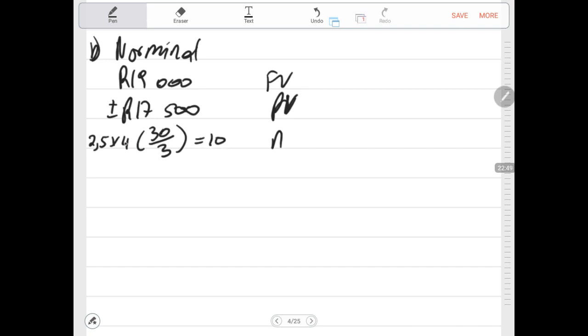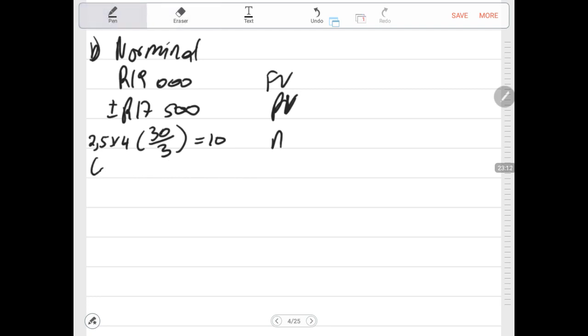It doesn't matter which one, we get to the same number, 10. I converted 30 divided by 12, which gave me 2.5 years, times the number of compounds in a year, which is 4 quarters, and we still get the same number, 10.